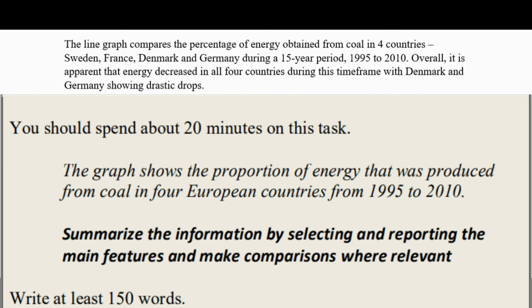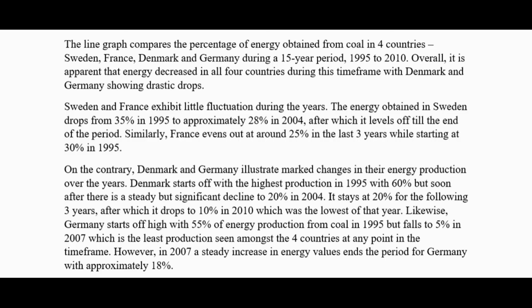You make the graph, the line graph, the proportion, you can say the expenditure of energy as a percentage. And then for the 4 European countries you can name the countries. And then for the time frame, you can either write that or you can say over a 15-year period from 1995 to 2010.